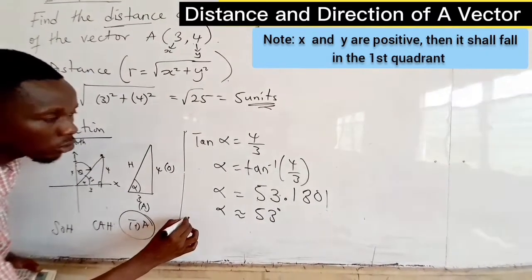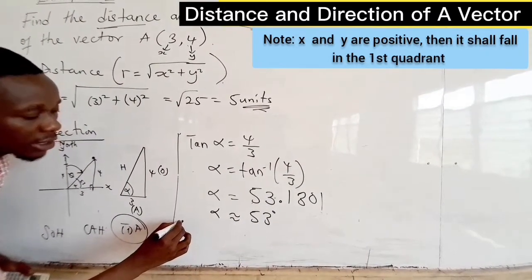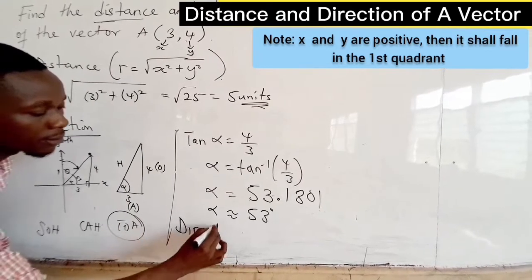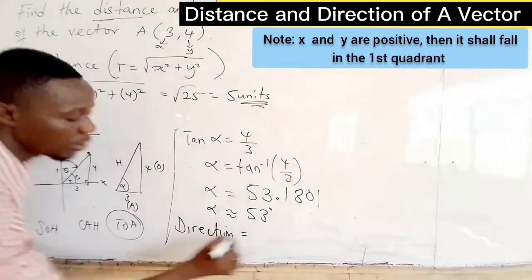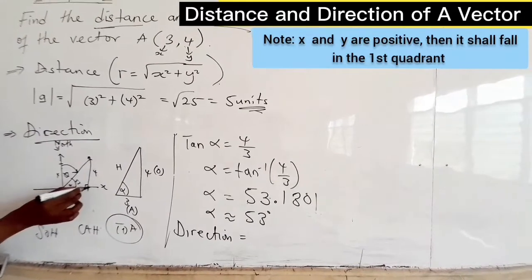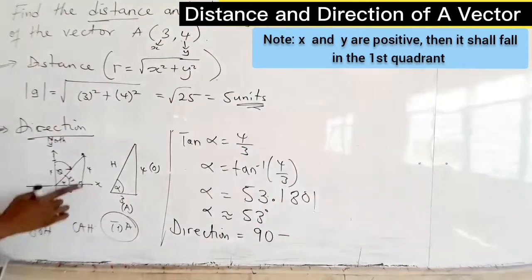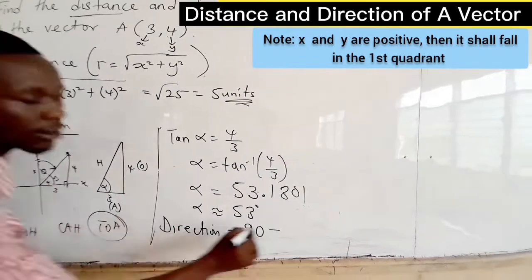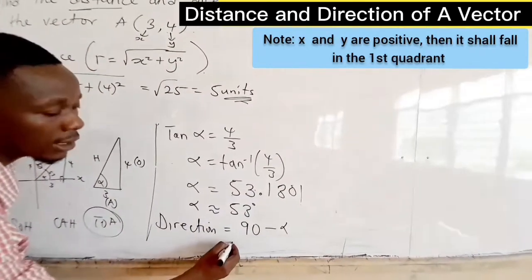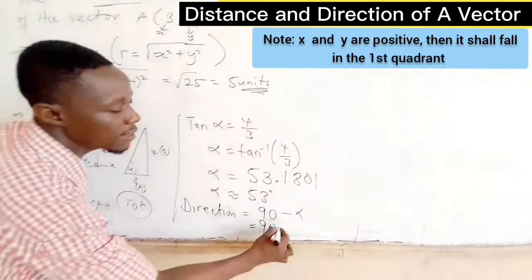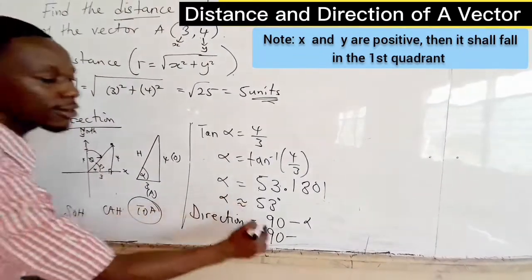Therefore, we can conclude the direction will be equal to, from here to here is 90 minus the alpha. And 90 minus the alpha is 53.